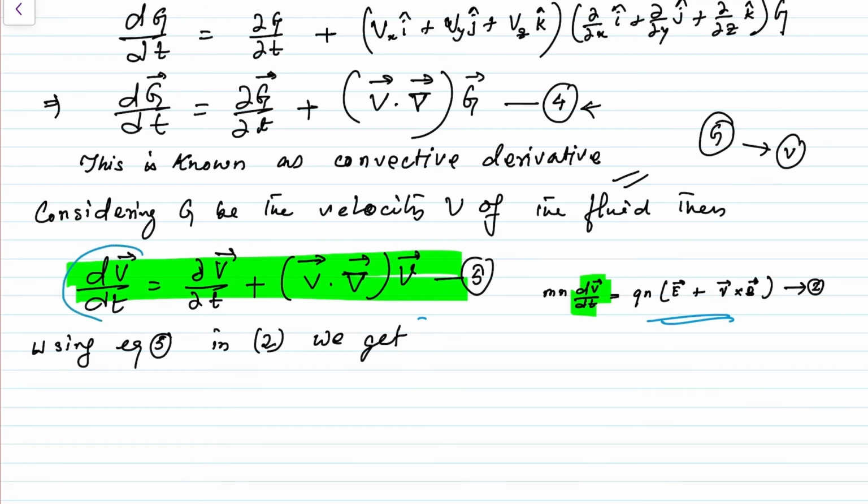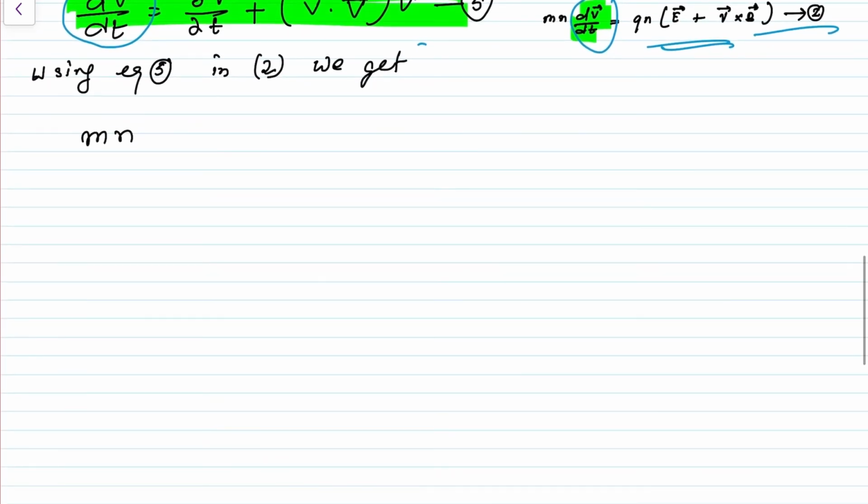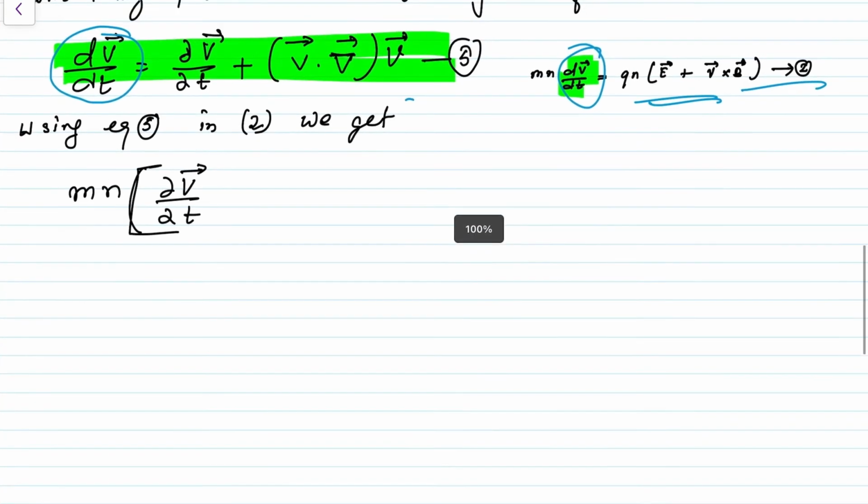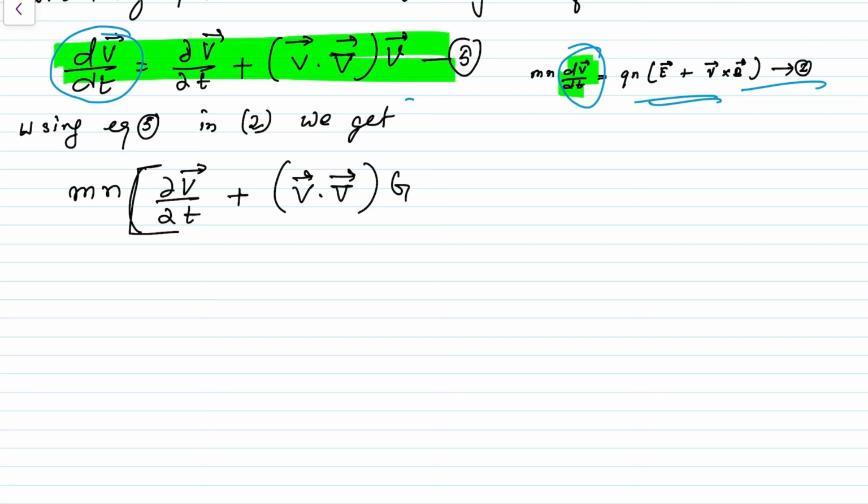as you can see, this is dv by dt, this is also dv by dt in equation number 2. Replace this, so doing so we will get m n, and let me scroll up the page. Okay. del v by del t plus v dot del into v, sorry, not z, here it is v now.